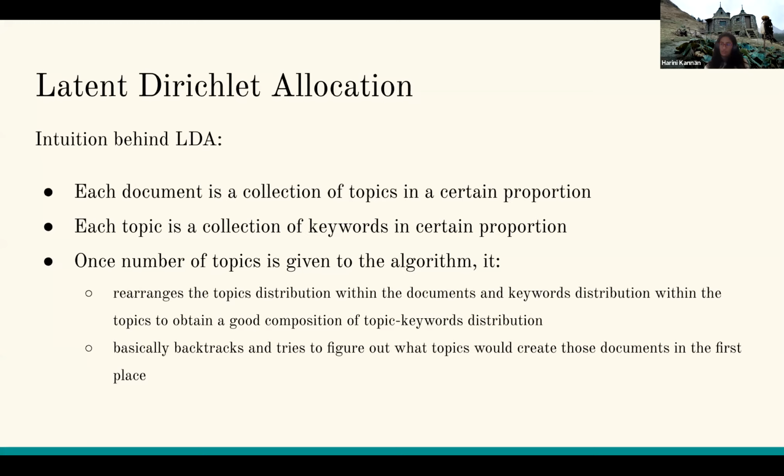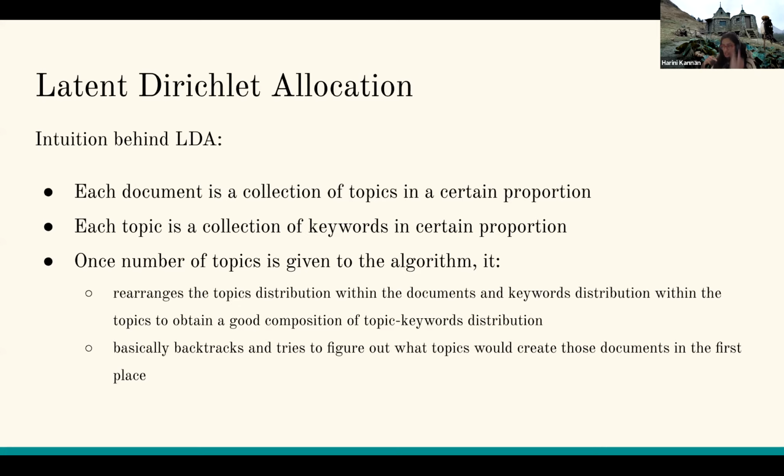So once the number of topics is given to the algorithm, here that cannot be found automatically. We have to give it. So we'll also see how to figure out the optimum number of topics to give. Once the number of topics is given, it rearranges the topic distribution within the documents and the keyword distribution within the topics.